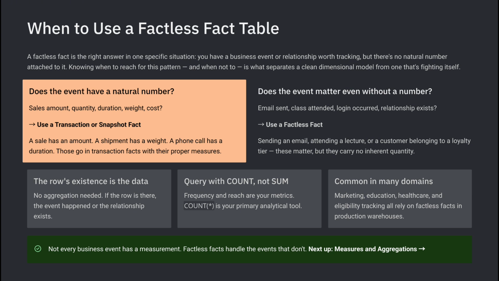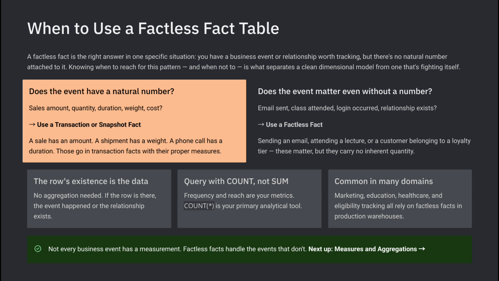Northwave has the marketing event factless fact we just saw. They might also have a product promotion factless fact tracking which products were on promotion, which weeks. They might have a customer enrollment factless fact tracking which customers belong to which loyalty tier each month. Each one captures a kind of business reality that doesn't have a natural number attached.